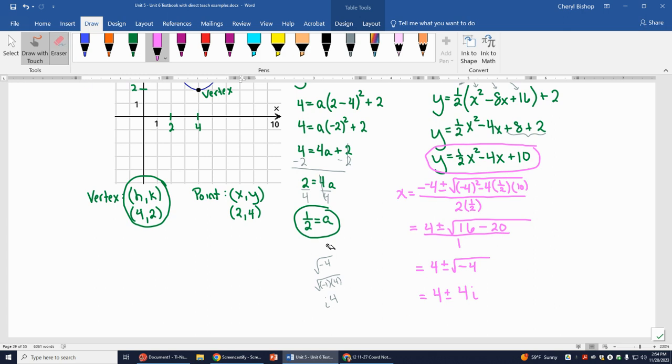Oops, that's not going to come out as a 4, right? I didn't take the actual square root. When I square root the negative 1, I get i. When I square root the 4, I get 2. So that should be a 2 right there. So those are my two solutions, 4 plus 2i and 4 minus 2i.